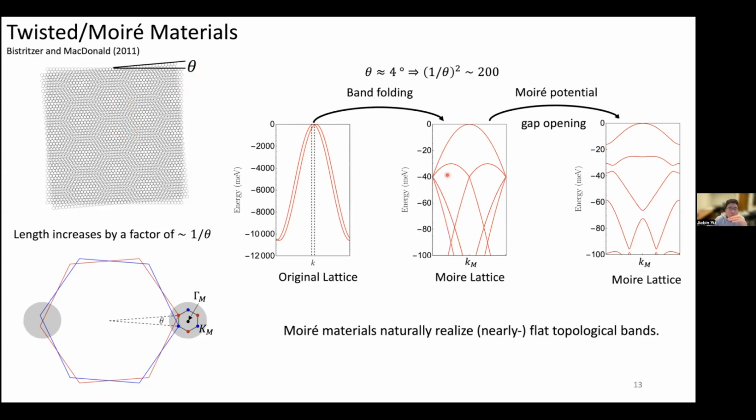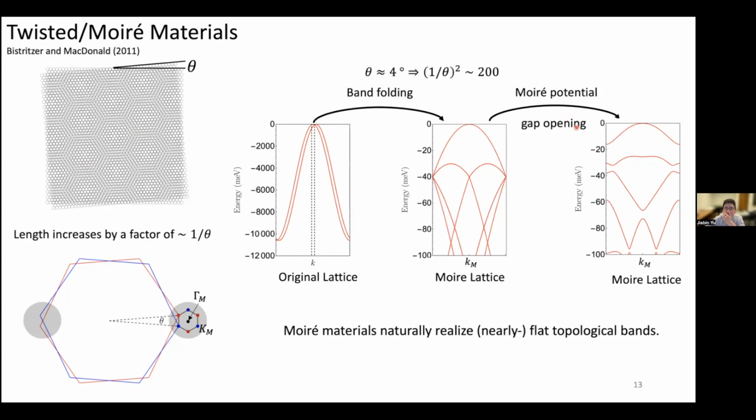And normally we would have interlayer coupling, or relaxation or structure change at the Moiré scale. These two effects can bring us a Moiré potential, which can open the gap at the band crossing due to band folding.